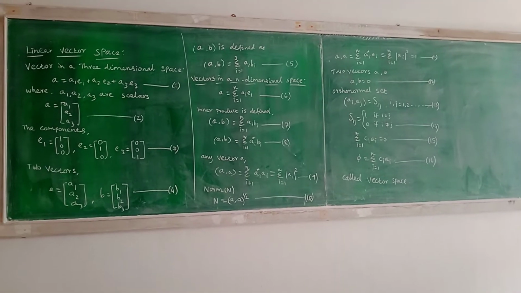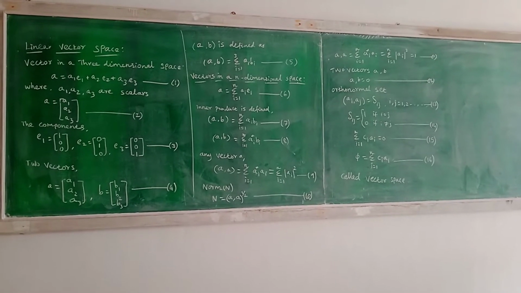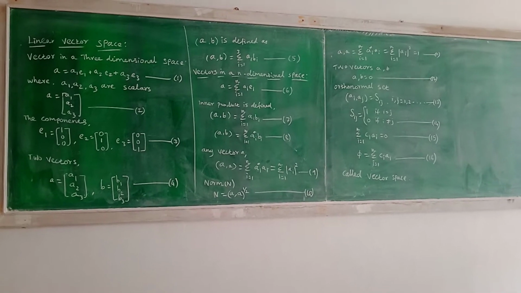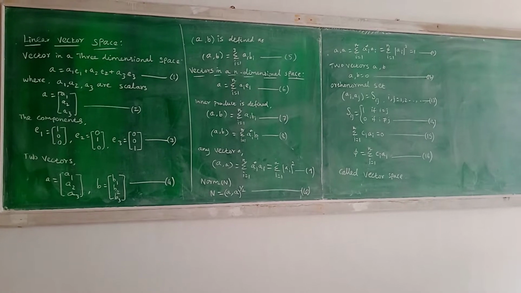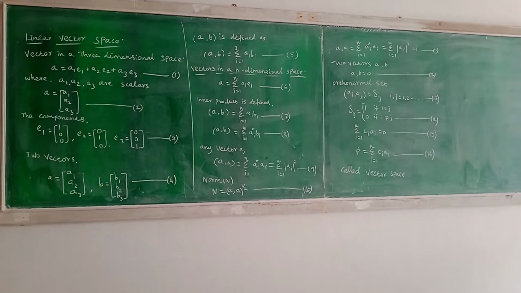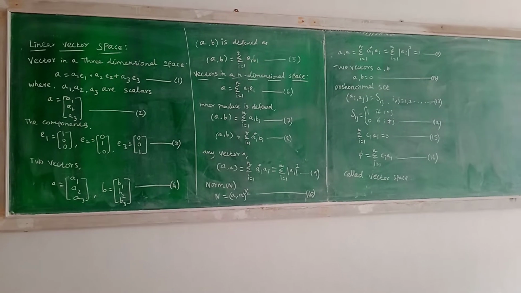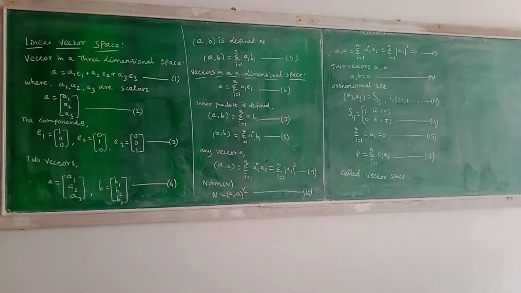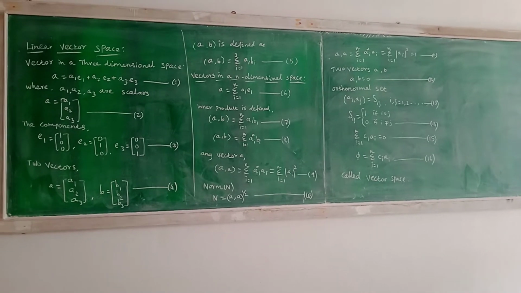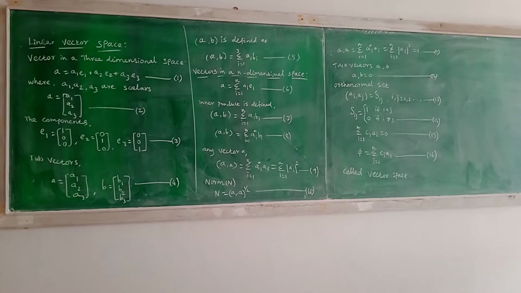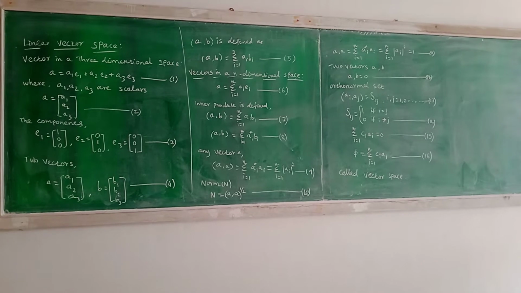Now generalize this concept to an n-dimensional real space with the vectors e1, e2, up to en forming an orthonormal basis. A vector can be expressed in this orthonormal basis as A equal to the summation over i equal to 1 to n of ai ei.